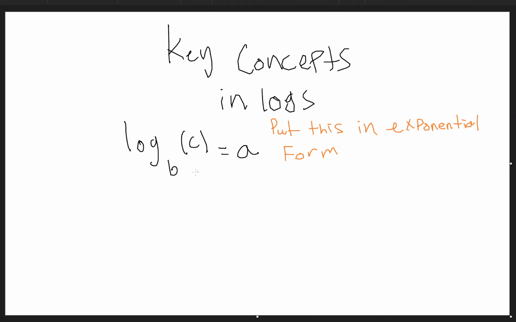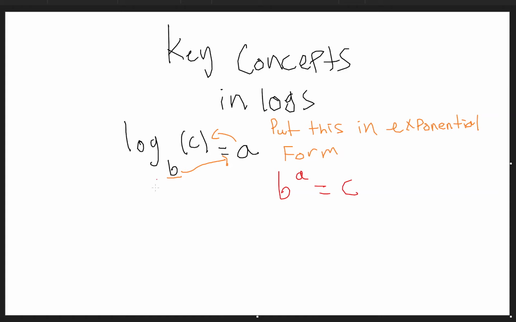So what do you do? Well, we take our base and put it to the power of what our whole log expression is equal to, and then we set it equal to this. So the correct answer would be b to the power of a equals c.